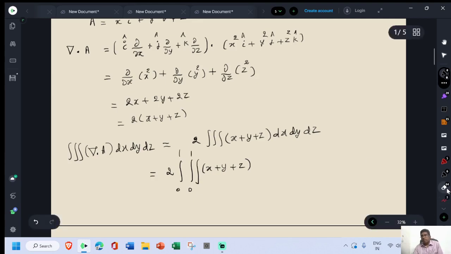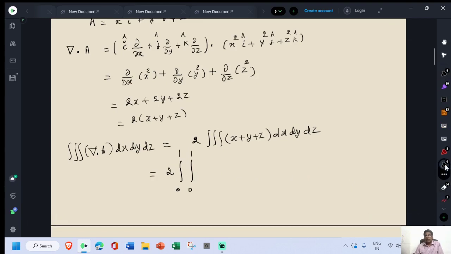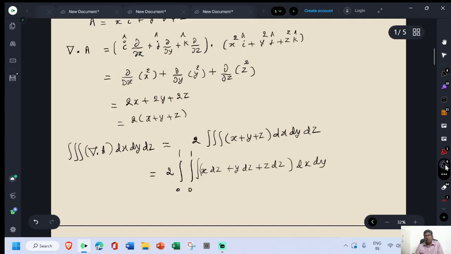First we have to make our integration with respect to dz, so that we may do our operation. x into dz plus y into dz plus z into dz. This should be multiplied by dx dy. Here also limit varying from 0 to 1.